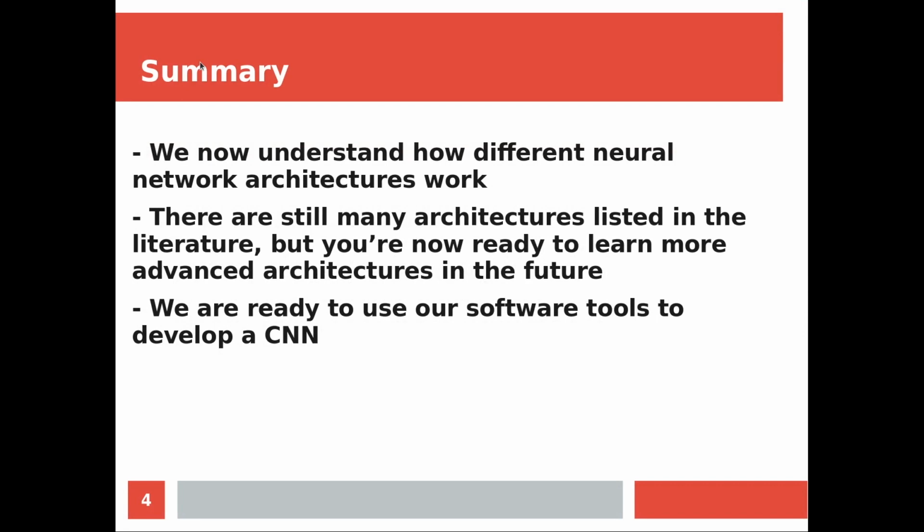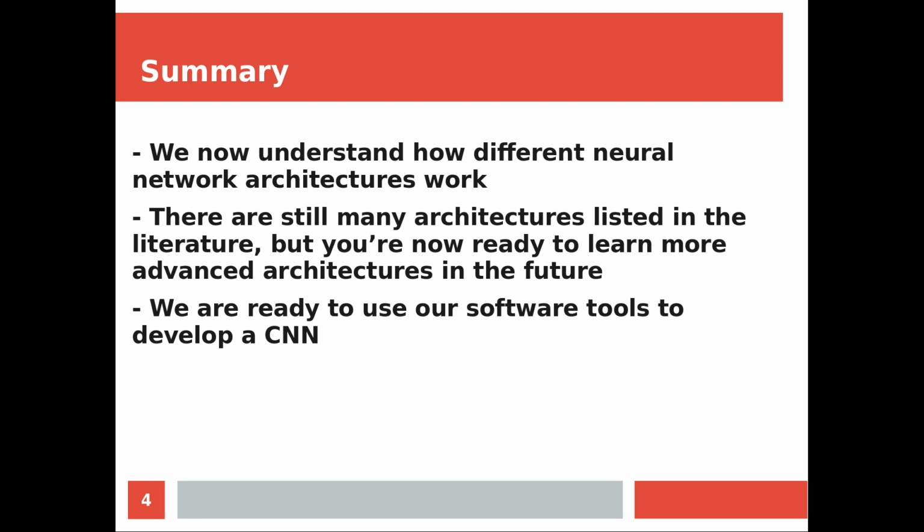To summarize what we did today, we now understand how different neural network architectures work. We were introduced to linear regression, logistic regression, neural networks or shallow neural networks, and deep neural networks, and now we saw another deep neural network scheme known as CNNs.